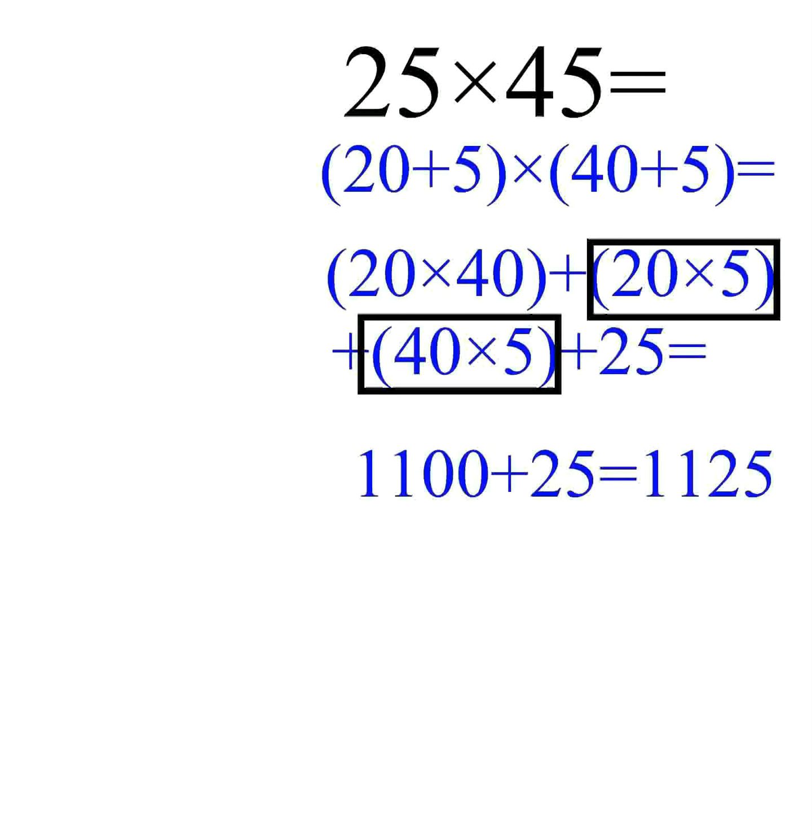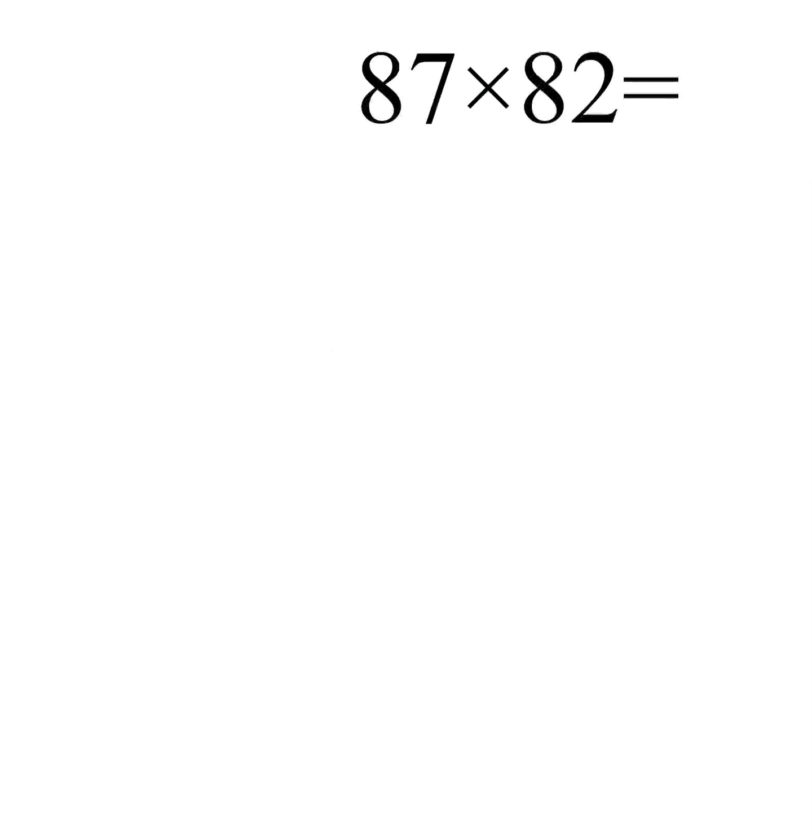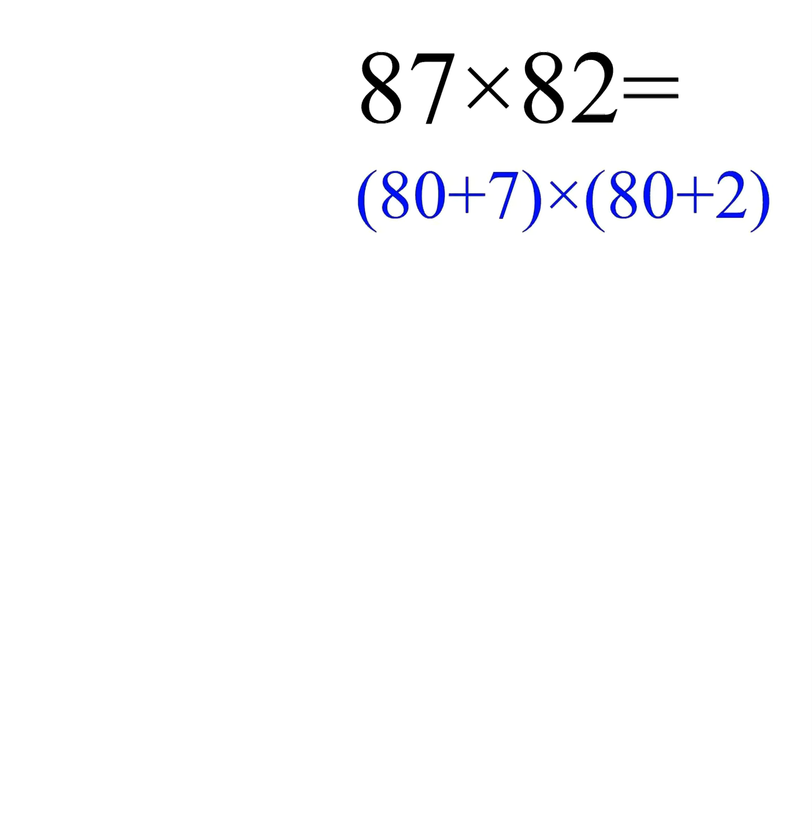Now let's prove the method of multiplying the numbers whose most left digits are the same. So, using an example, here again we could write 87 as 80 plus 7 and 82 as 80 plus 2 and use this distributive property a couple of times, makes it equal to this.